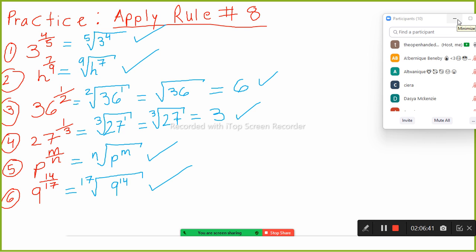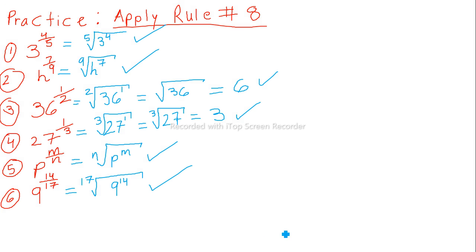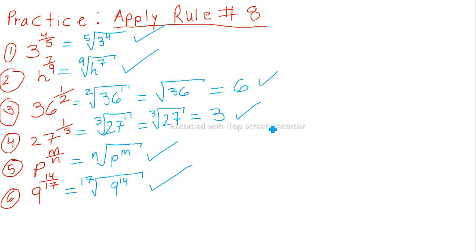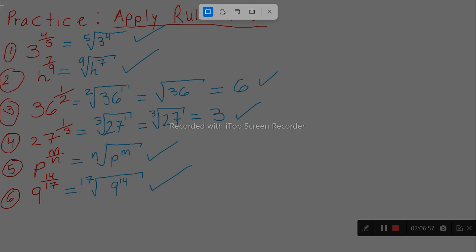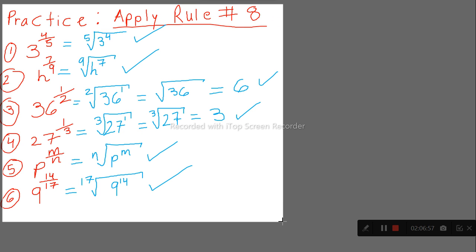Okay, so with that, that brings us to the end of math for this evening. Not only that, it brings us to the end of our rules.